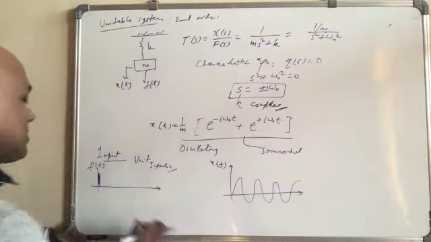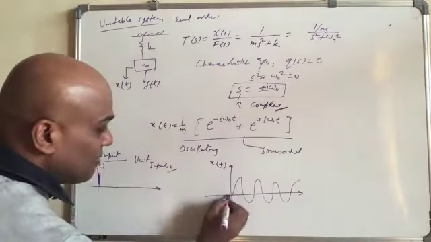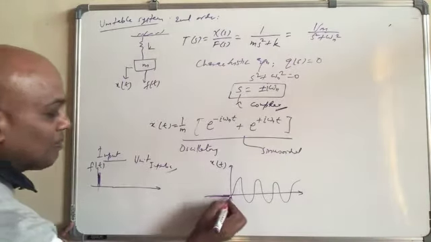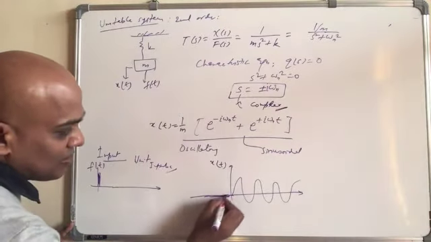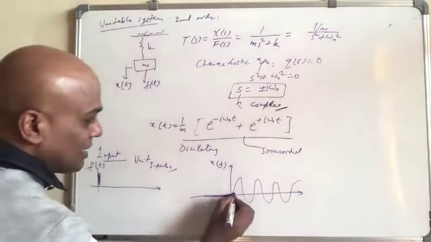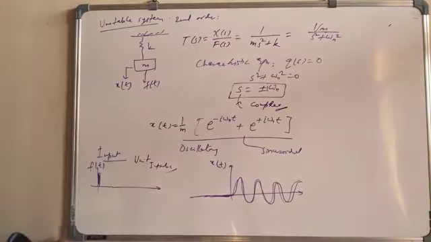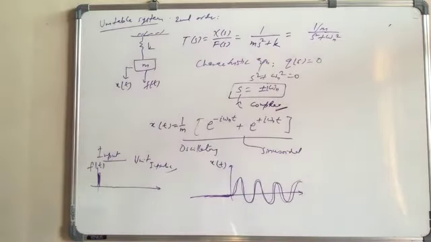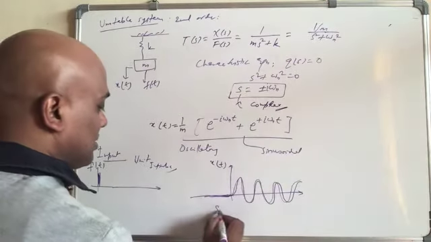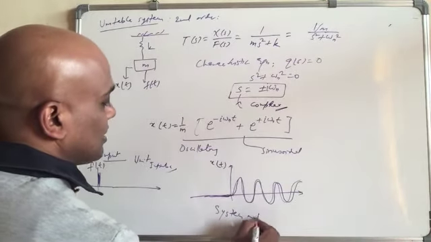Again, this tells you that before this impulse force you applied, the system was resting like this one. The moment you applied it here, it started going like this. So hence, the system is not stable.